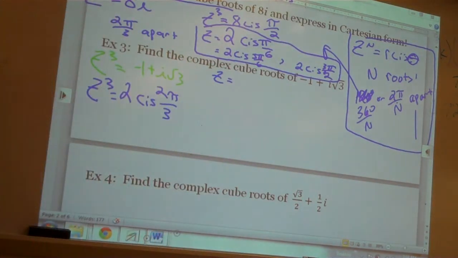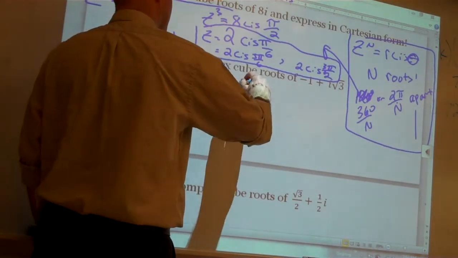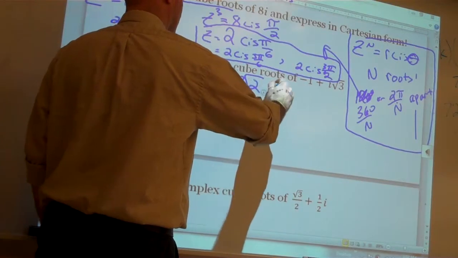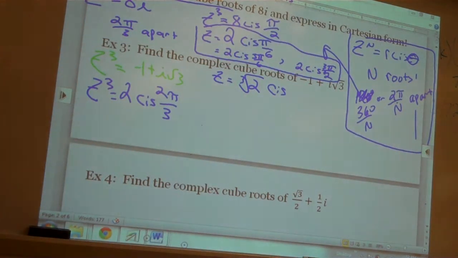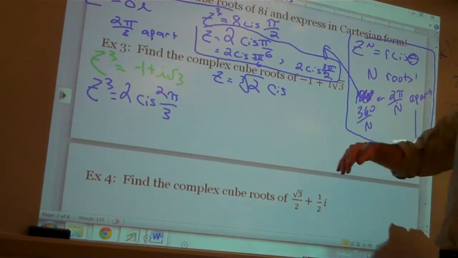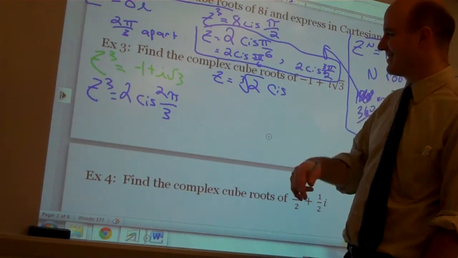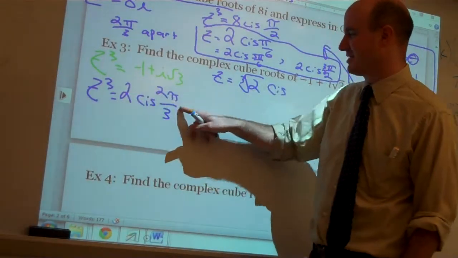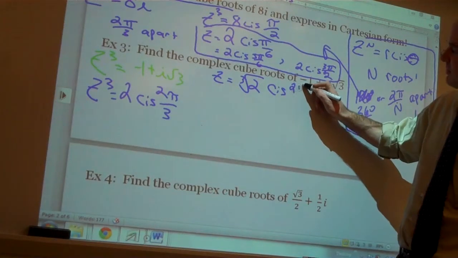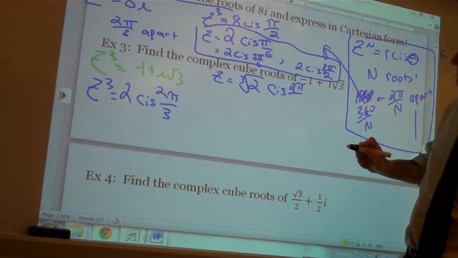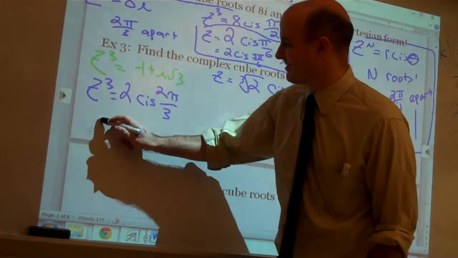All right. So take the cube root of both sides. Sean, what would my argument be? What would my argument be when I take this to the 1/3?